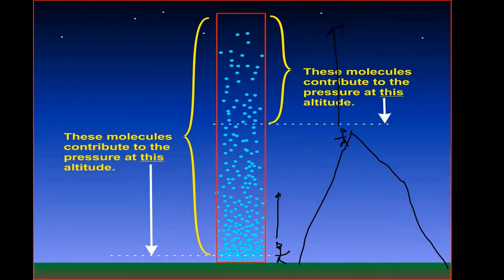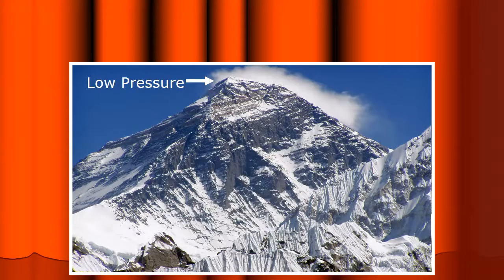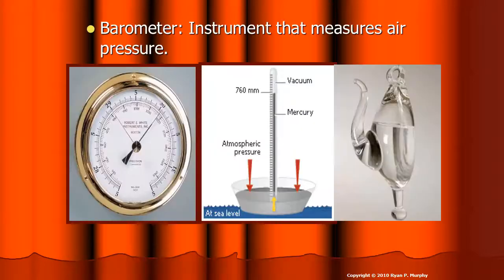So as you go up in the atmosphere, the air pressure decreases just because you don't have as much air on top of you. So low pressure is at the top of the mountain, and higher pressure is at the bottom of the mountain.